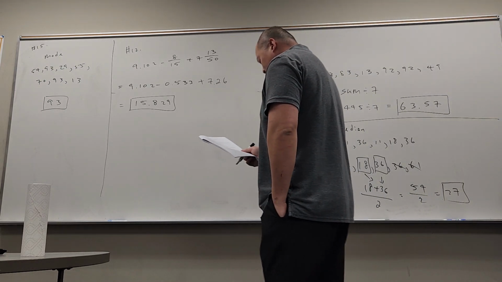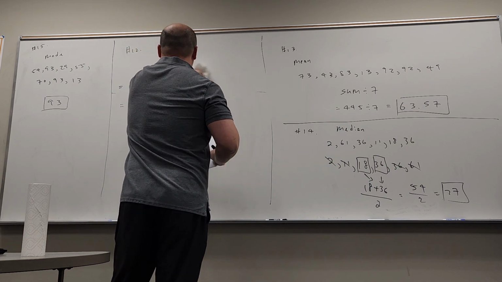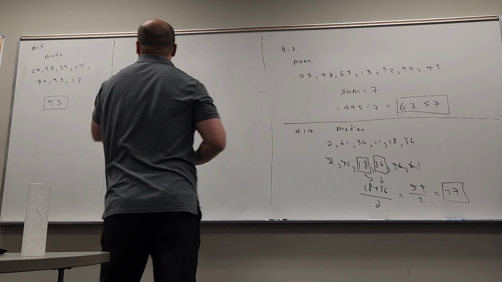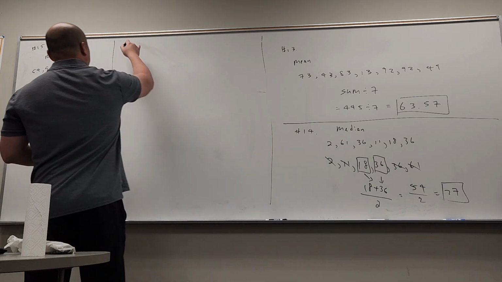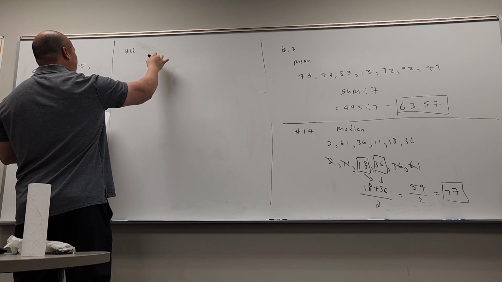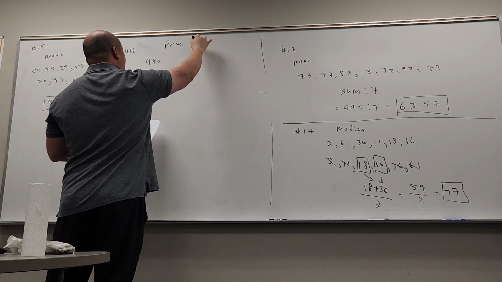Now number 16 is actually not too bad. Number 16 is 980, and you want the prime factorization.